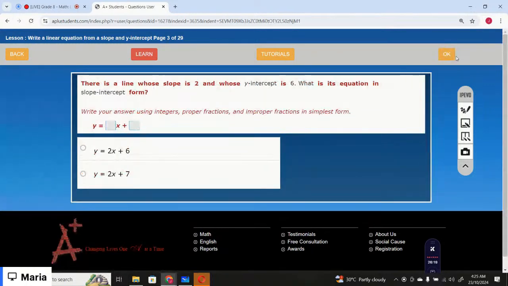Okay, the next one is there is a line whose slope is 2 and whose y-intercept is 6. What is its equation in slope-intercept form? So which is the correct option?